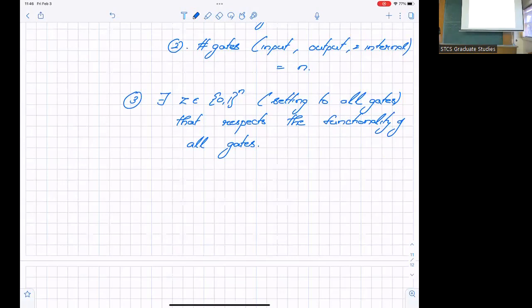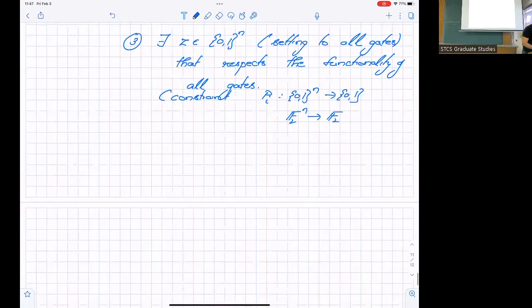For every gate, we'll have a polynomial constraint Pi, once again from {0,1}^n to {0,1}. We think of it as a polynomial, so it's an n-variate polynomial from F2^n to F2. And let's just see what is Pi of z.